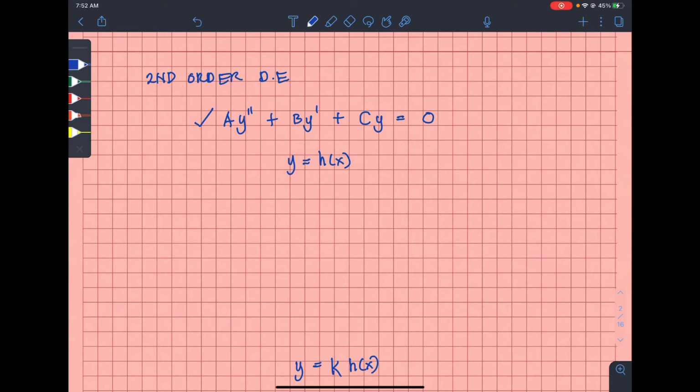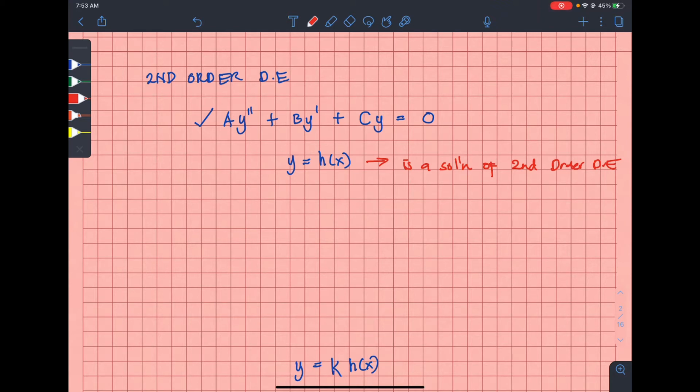So for example, I have the second order differential equation, and one of the solutions, let's say y is equal to h of x, is a solution of the second order differential equation. So let's prove that this is really a solution.